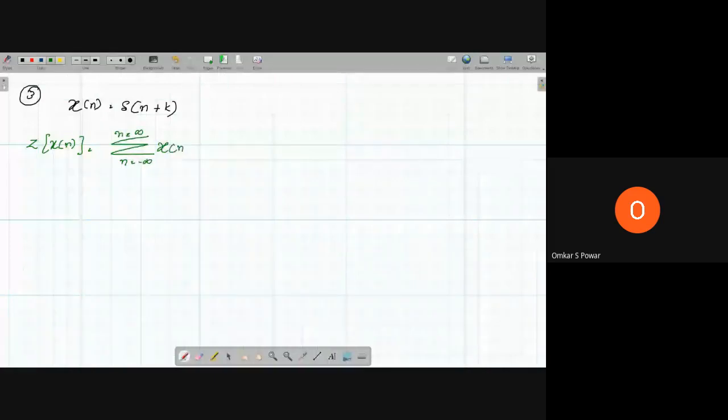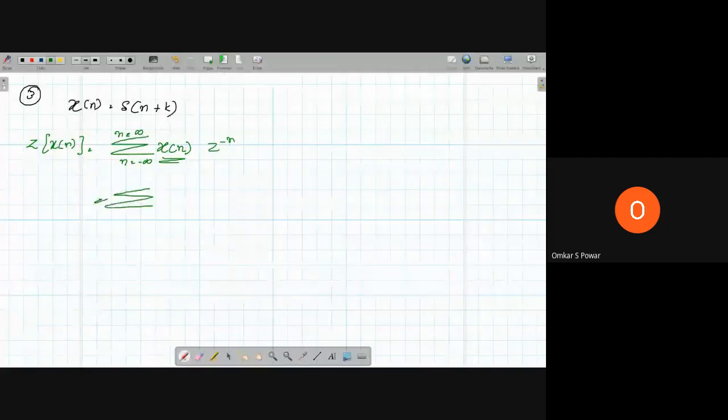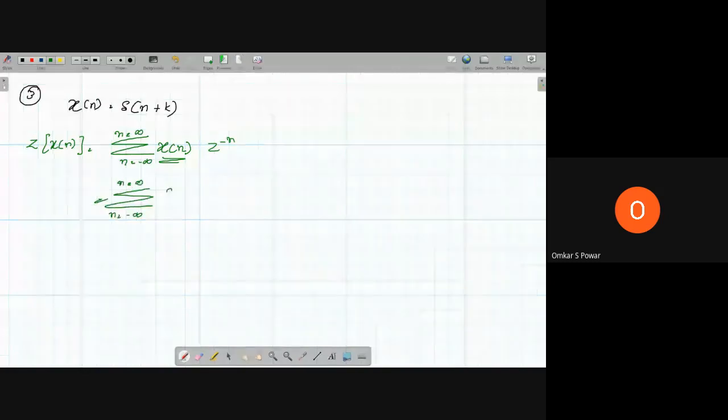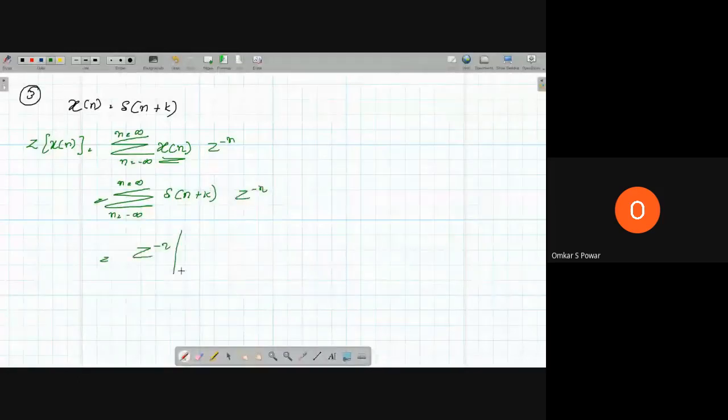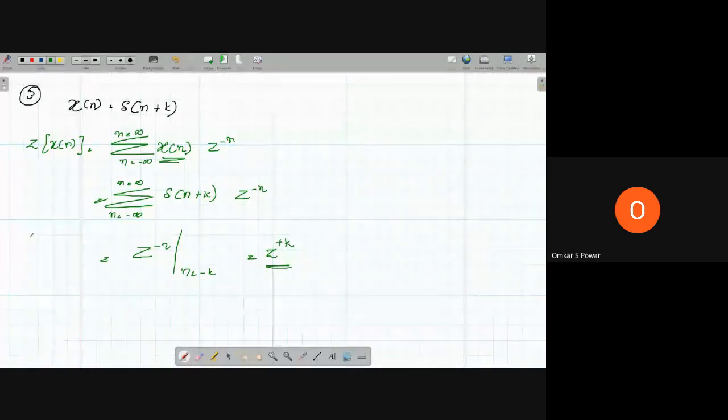So now what is x of n? Delta of n plus k. So this is nothing but z to the power of minus n at n is equal to minus k. If you substitute n is equal to minus k, you will get z to the power of k. So we got our first thing, the z transform.